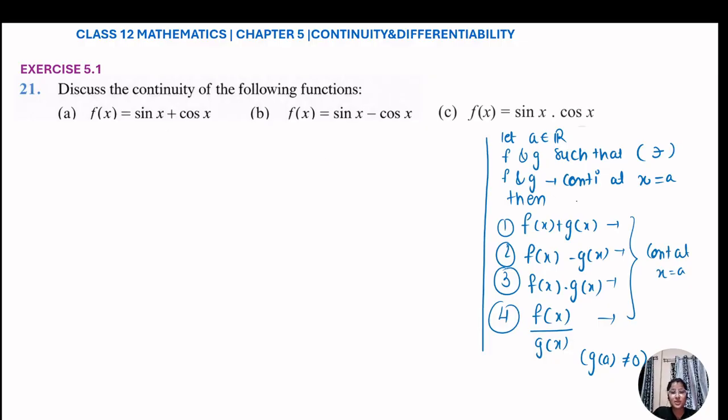As you can guess, if I have to check the continuity of the function f of x, starting with part a, our f of x is defined as sin x plus cos x.